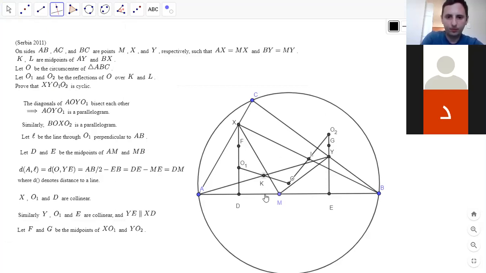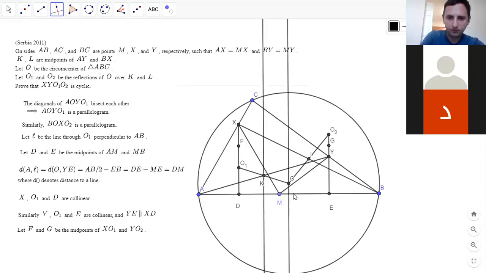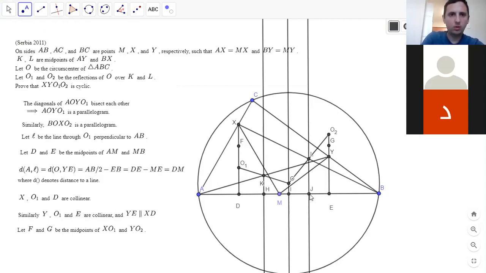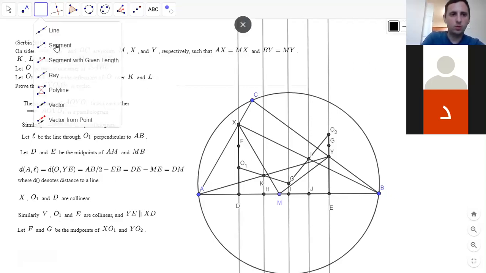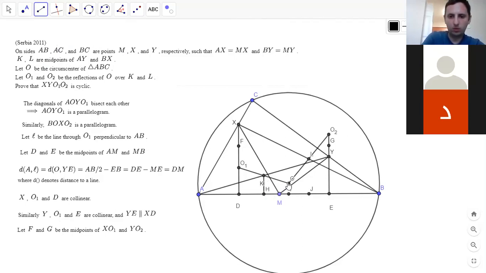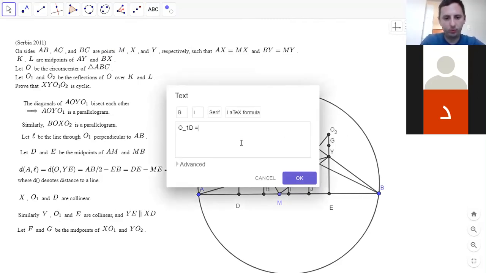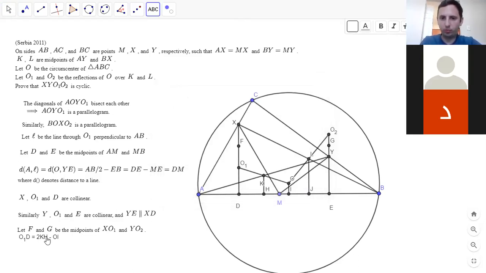Okay, so O1B is equal to 2KH minus OI, which is YE minus OI.